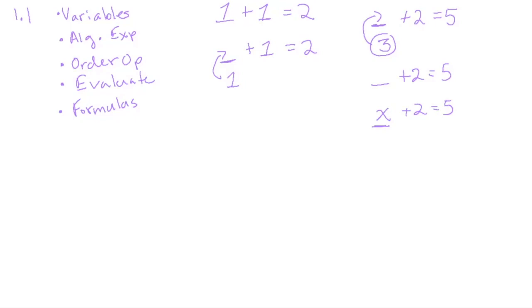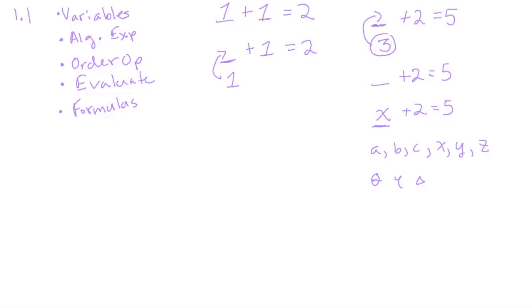Variables could be any letter, like A, B, C. Usually you'll use X, Y, or Z. Sometimes variables can even be Greek letters like theta or phi, or sometimes delta, not normally, but all of these just represent some unknown quantity. That's all a variable is: a letter that represents an unknown quantity.